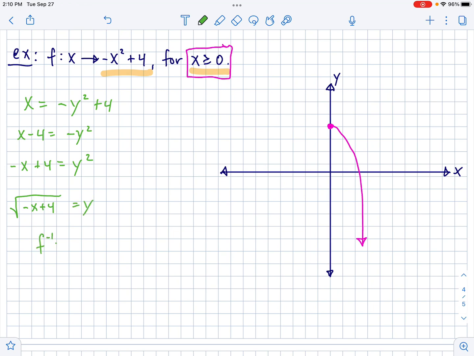So the inverse is the square root of negative x plus 4. That's it. So, if you graph that on your graphing calculator, it will look like this.